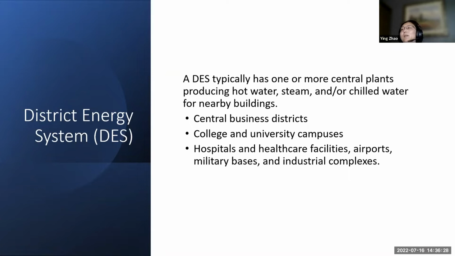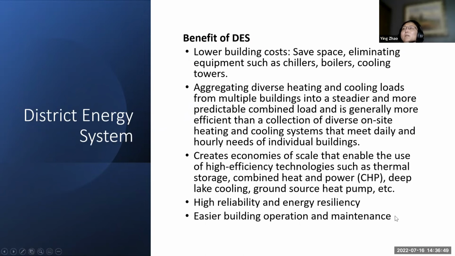They will have a central system to supply the energy, hot water, or steam, even with a generator, to supply all of this energy to these buildings. The benefits will be lower building cost, and they save building space.